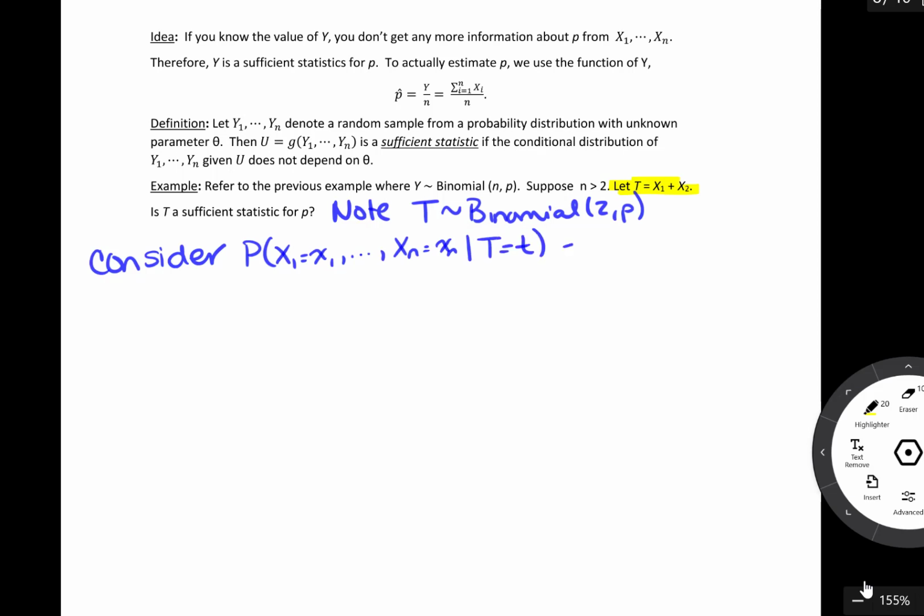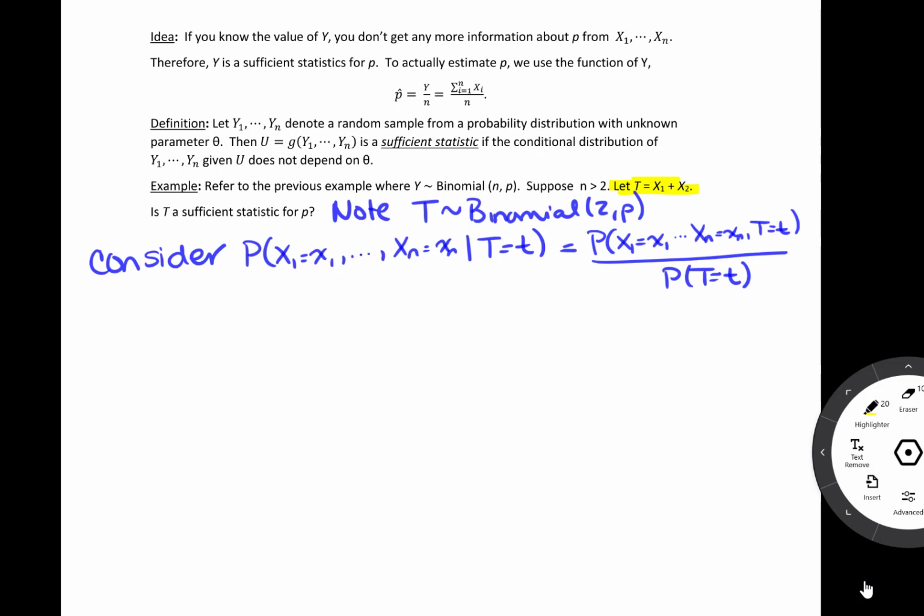And then again, just like we did before, we're going to apply the definition of conditional probability. Okay.